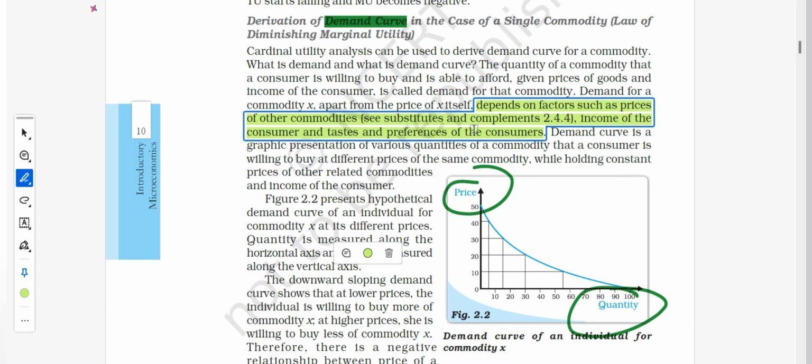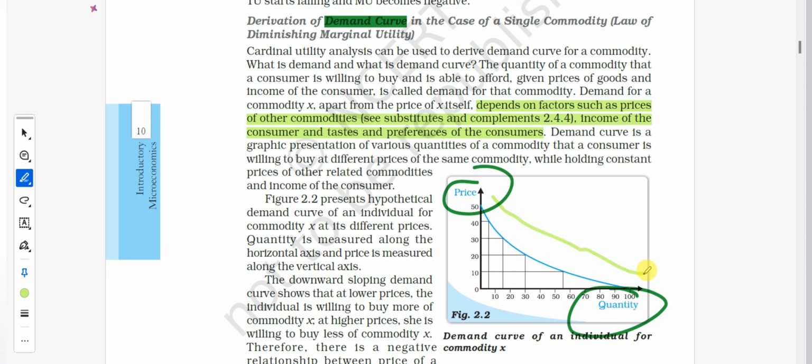The income of the consumer is another factor, because if the income increases, the demand curve is going to shift ahead. It's going to go like this. It's going to go forward because now for the same price, we can have more of the quantity because we have more income in our hand, right?